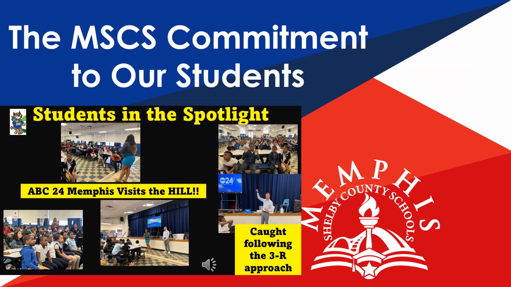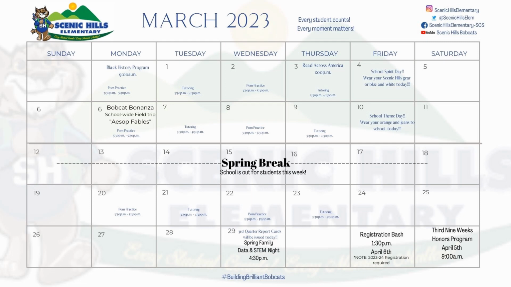Let's talk about our MSCS commitment to our students. So what can you expect as a parent? Personalized plans for each one of your children, frequent communication about your child's progress, and being able to access their academic scorecard, report cards, and progress reports daily and weekly.